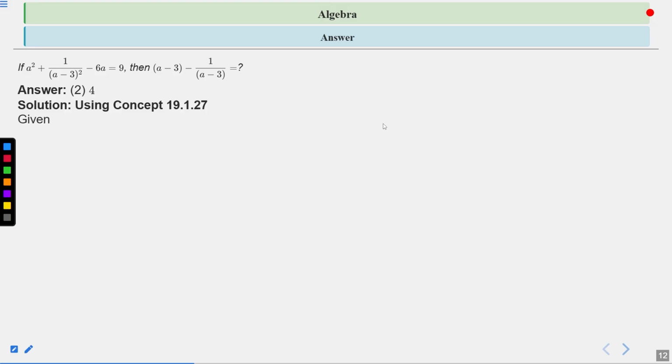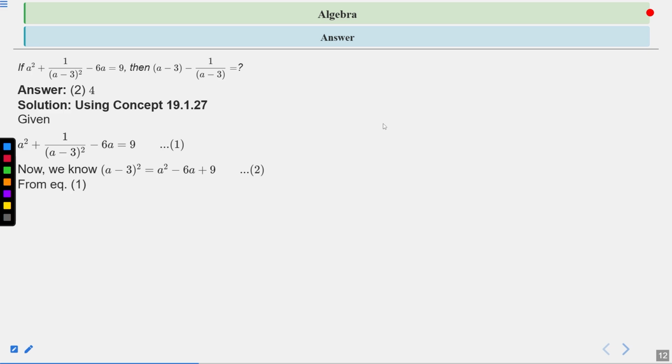Given that a square plus 1 upon (a minus 3) whole square minus 6a equals 9. This is our equation 1. Now we know that (a minus 3) whole square is a square minus 6a plus 9. This will become our equation 2.